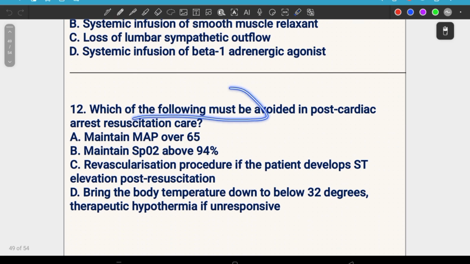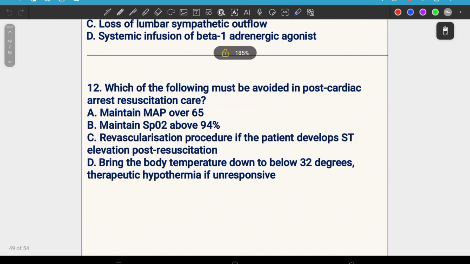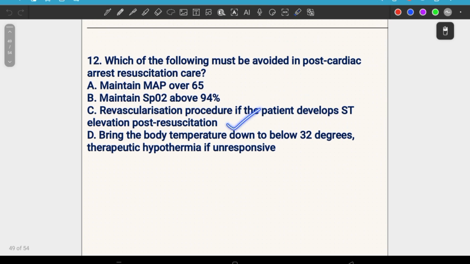Which of the following must be avoided in post cardiac arrest resuscitation care? The mean arterial pressure is kept over 65, correct. Maintain the SpO2 above 94%. Revascularization procedure if the patient develops ST elevation post resuscitation.